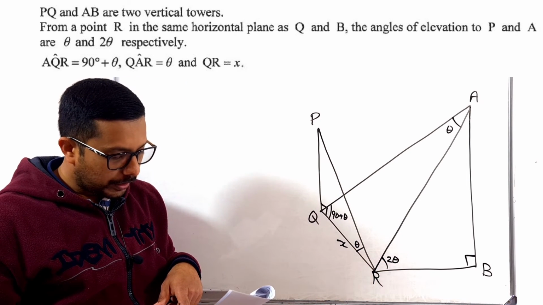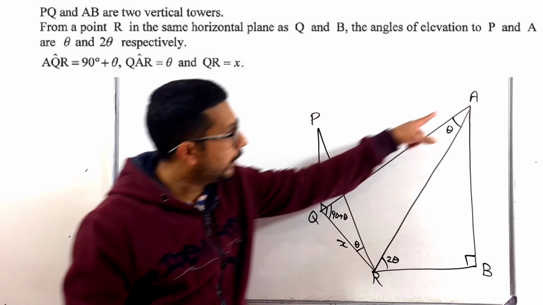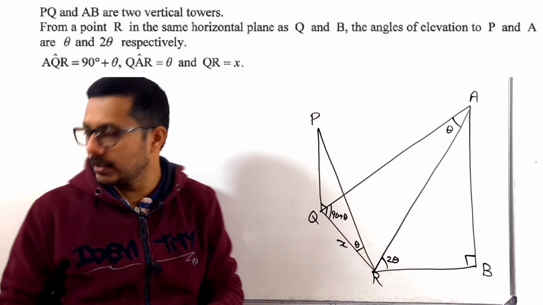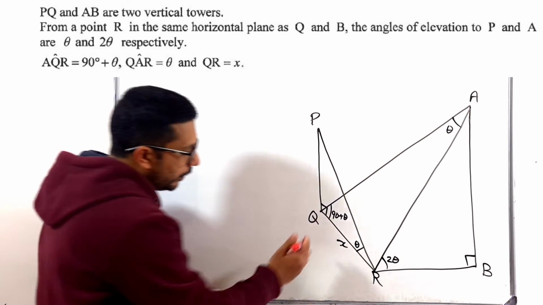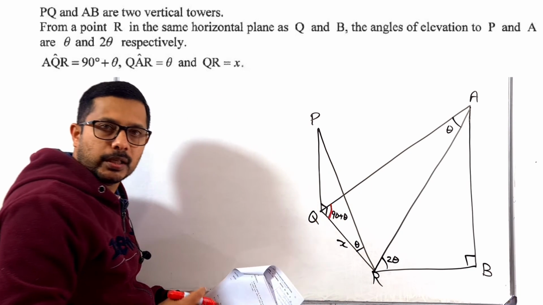Okay, then angle AQR is equal to 90 plus theta. So AQR, that means this angle is 90 plus theta, okay.